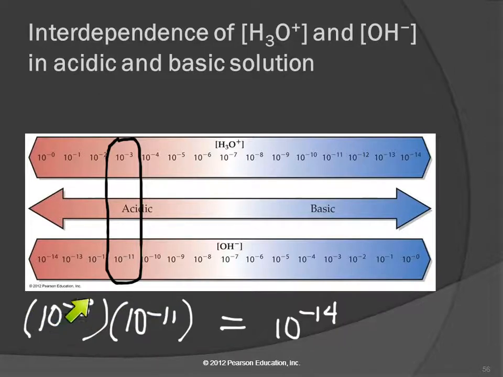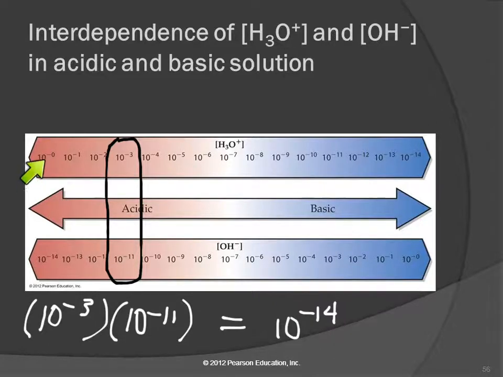So minus 3 and minus 11 add up to minus 14. That's one of the advantages of logarithms. Logarithms were originally used for multiplying and dividing large numbers. You had a slide rule that allowed you to find the logarithm, and then you would just add or subtract, because they found this a lot easier. They didn't have calculators, right?